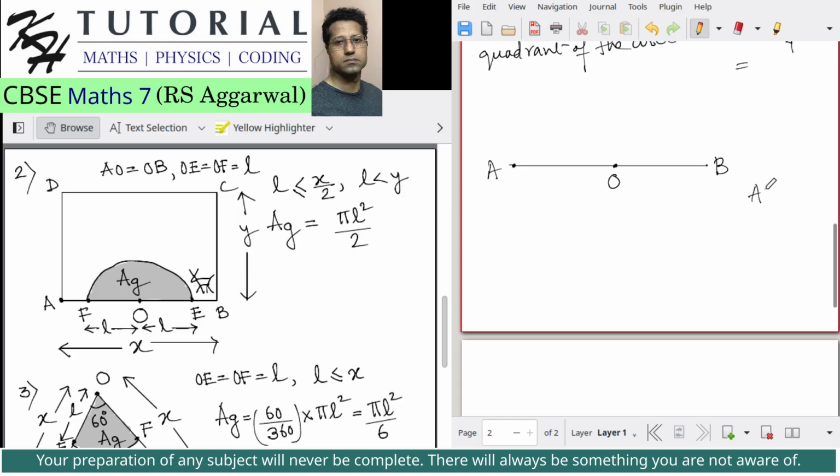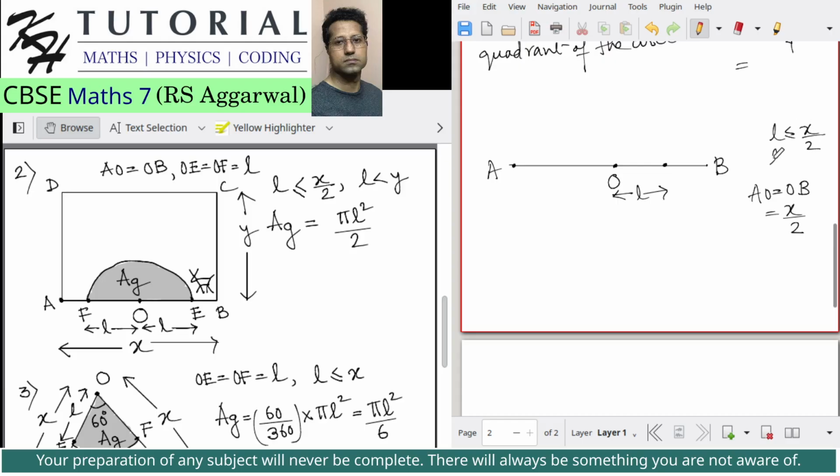Okay, so we have AO equal to OB, that is, O is the midpoint of AB. Now let's say the length of the rope is L, and obviously AO and OB will be equal to x by 2, where we have assumed the length of the rectangle AB is equal to x, and the length of the rope L has to be less than or equal to x.